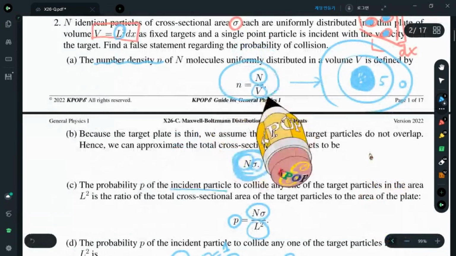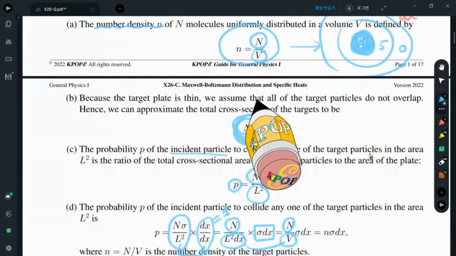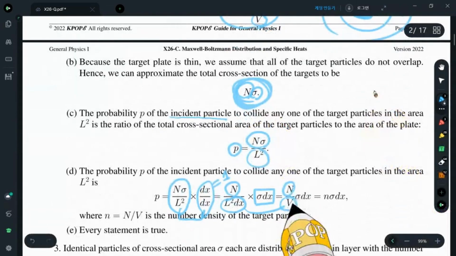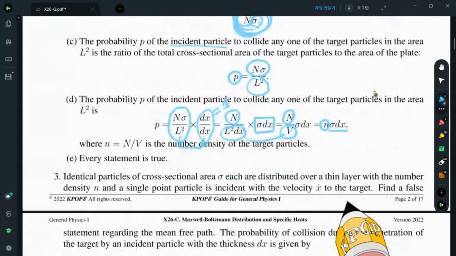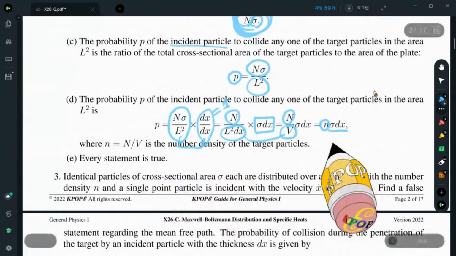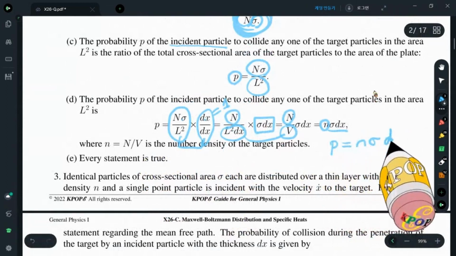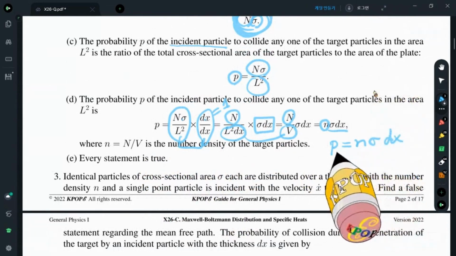We have defined the number density, that is the total number of particles inside a volume. So this should be replaced with small n and sigma dx. All right, so P equals n sigma dx.